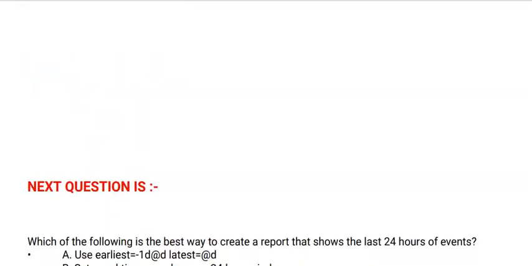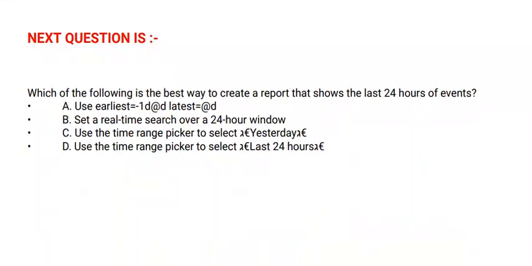Next question is, which of the following is the best way to create a report that shows the last 24 hours of events? These are the options, please go through.